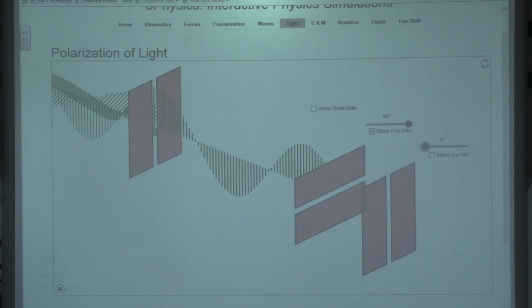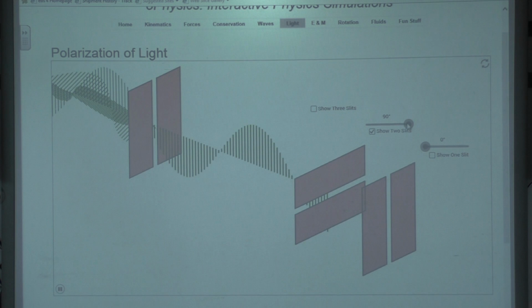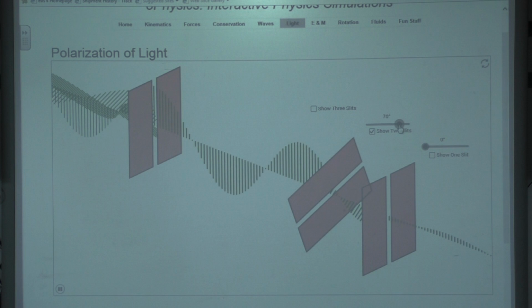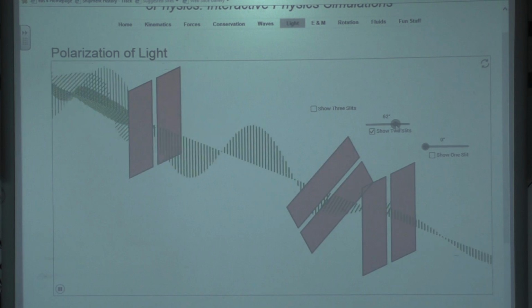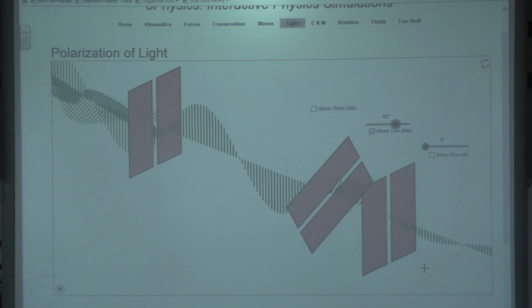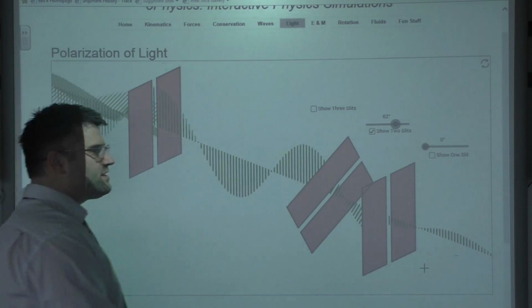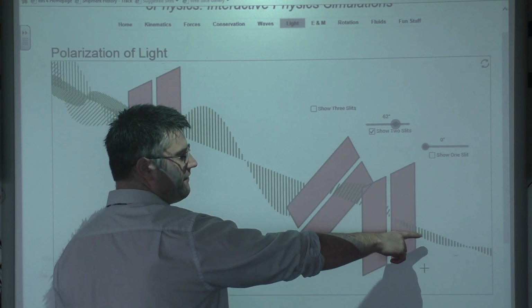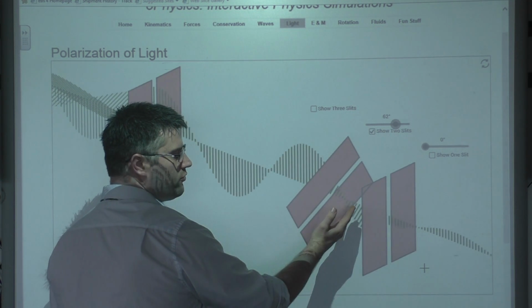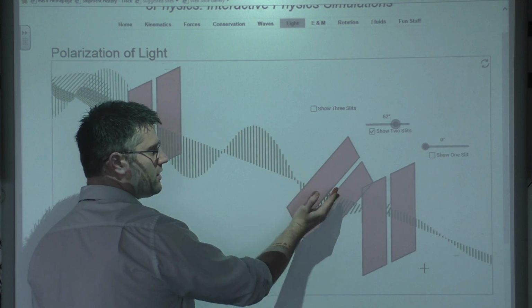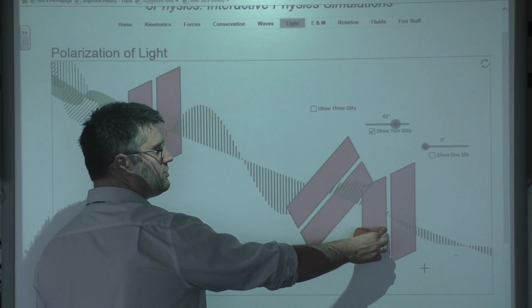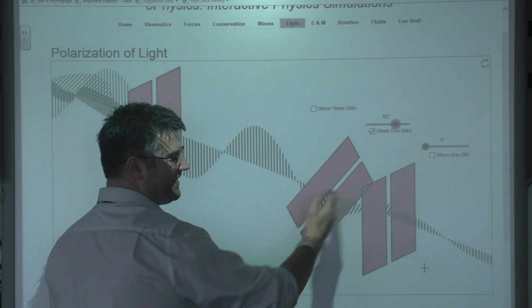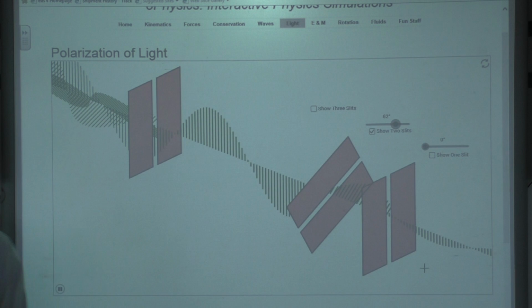Well, as I would expect, it allows a component of that vertical wave through, and that's what we're seeing. However, you're noticing as well that we've still got a little bit out at the end here, because we have reduced this one to a component of the vertical, and then we reduced this one to a component of what's happening in between those two slits.